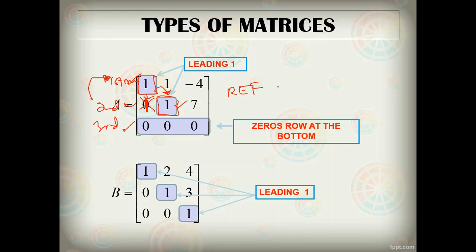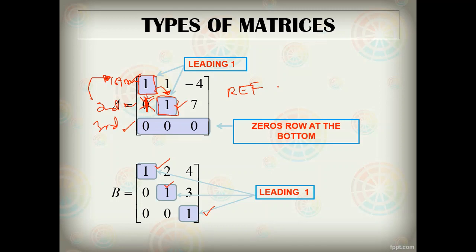Right, so the second property: for each row that is not all zeros, after 0 must start with 1. So look at the non-zero entries. After 0 is 1, correct? 0 here, and after 0 is 1, check. And you have nothing here, but it must start with 1 because the first non-zero must be 1.